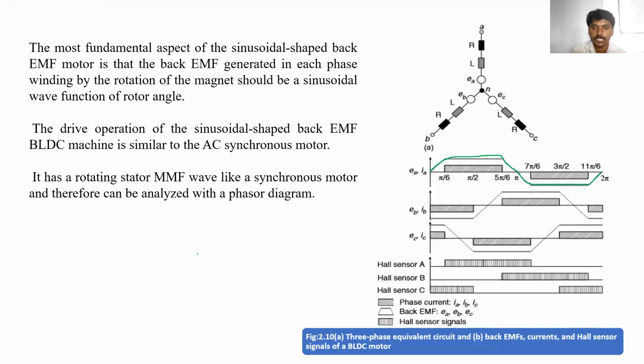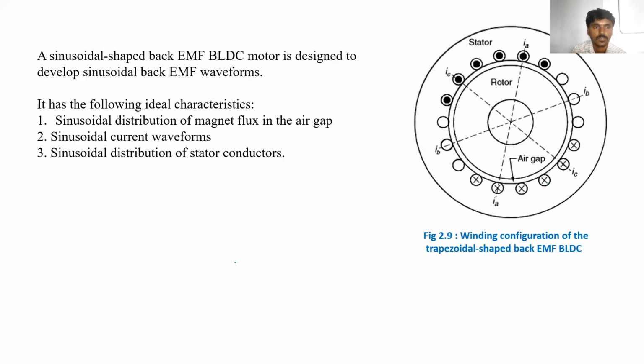If the EMF generated by the stator winding is sinusoidal, then this type is called a sinusoidal brushless DC motor. A sinusoidal shaped back EMF brushless DC motor is designed to develop sinusoidal back EMF waveforms. It has the following ideal characteristics: sinusoidal distribution of magnet flux in the air gap.